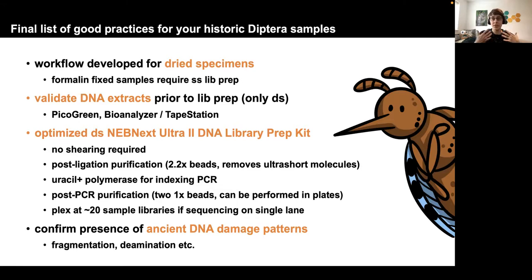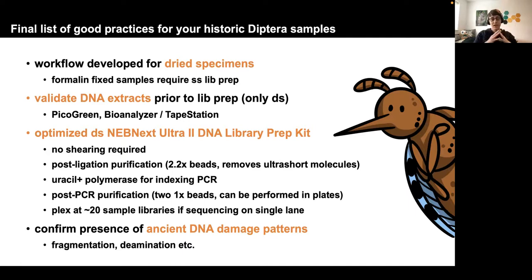But it's really good to know PicoGreen measurements, Bioanalyzer or TapeStation measurements to see the DNA that you're dealing with, because based on that, you might want to further adapt the library prep. You might want to keep the really higher SPRI bead concentration if you have DNA that's mostly under 100 base pairs.